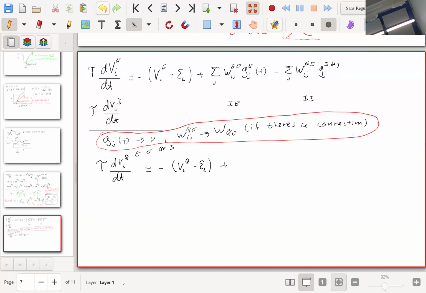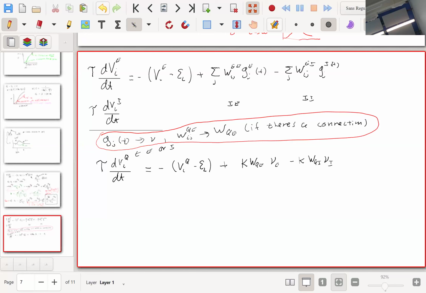So this becomes K, the number of connections per neuron, W_EE, mu_E, minus K, W_EI, mu_I. Sorry, this is W_QE and W_QI.